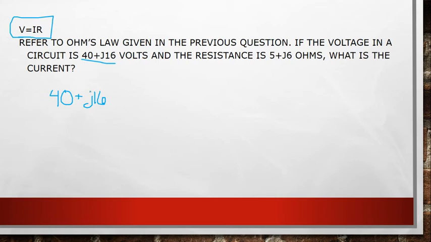What is the current? So I want to solve for I. So I want to get rid of what I is multiplied by. So I'm going to divide by 5 plus j6 on both sides.